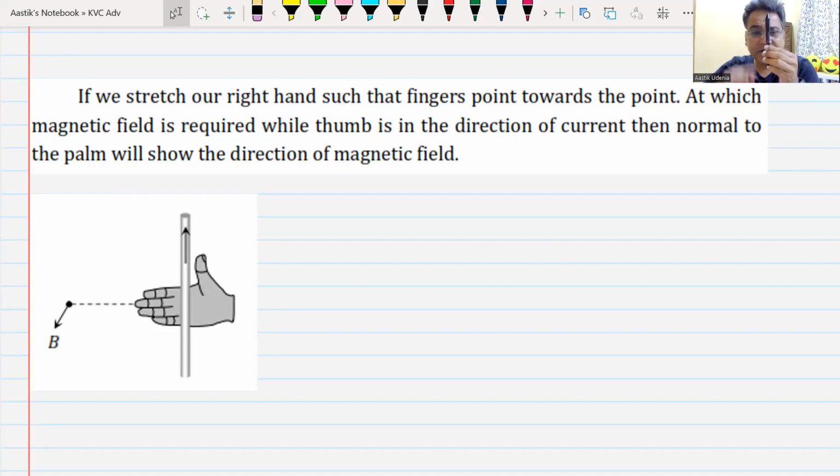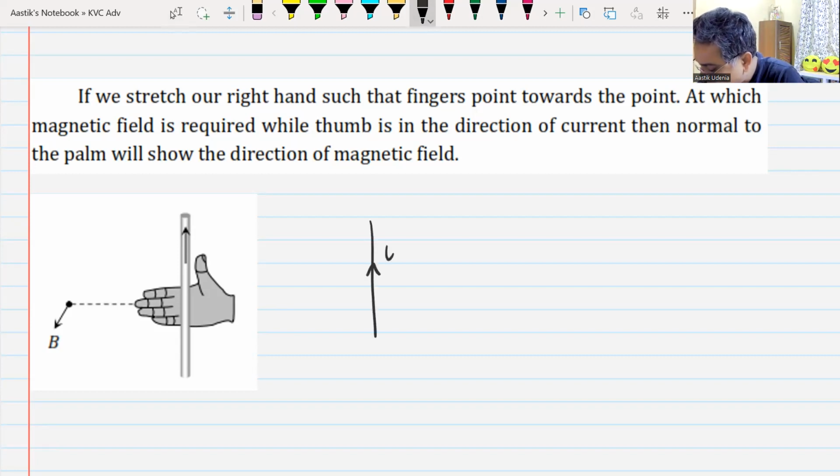Similarly, if you have to find out the magnetic field at this point, remember current is like this. So I put my thumb like this, I stretch my palm like this, and I turn. In that case, magnetic field will go inside. Do we understand this? Yes. Simply speaking, if your current carrying wire is like this, at point A, where will be the direction of magnetic field?